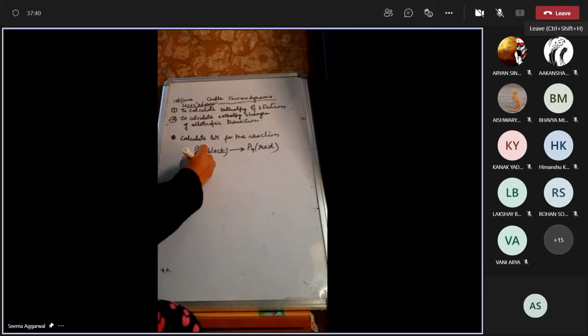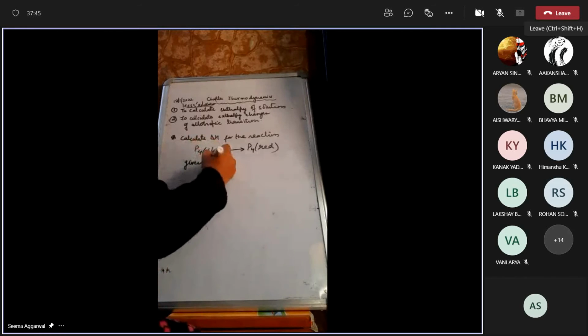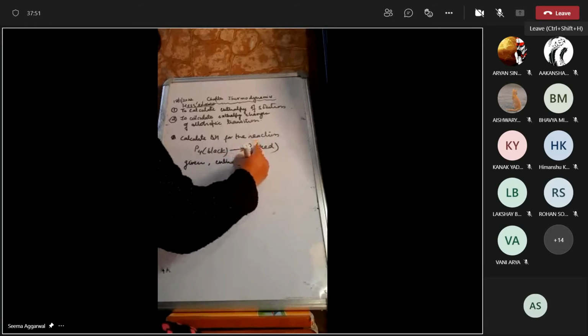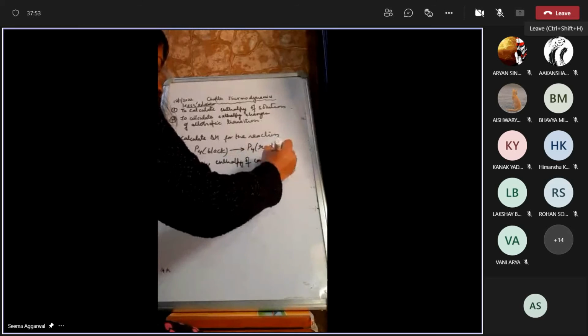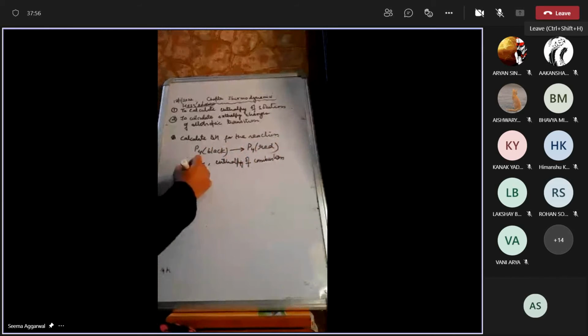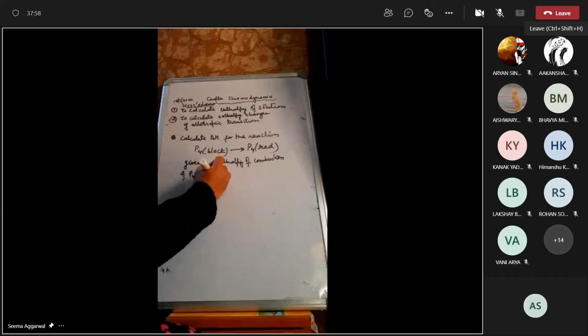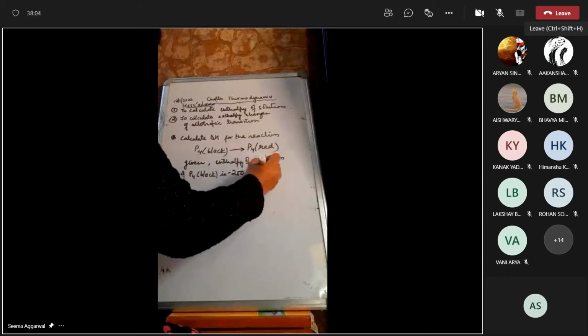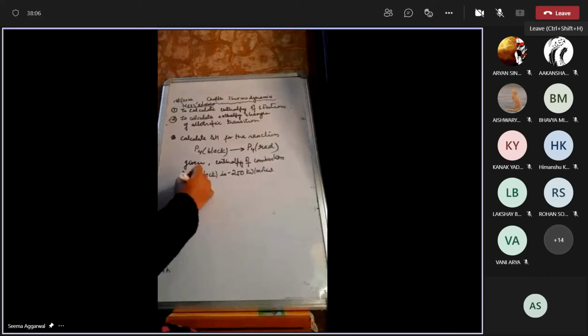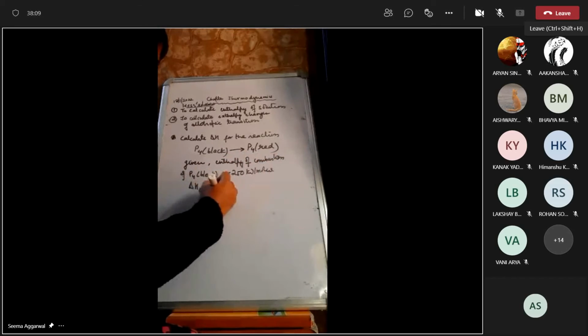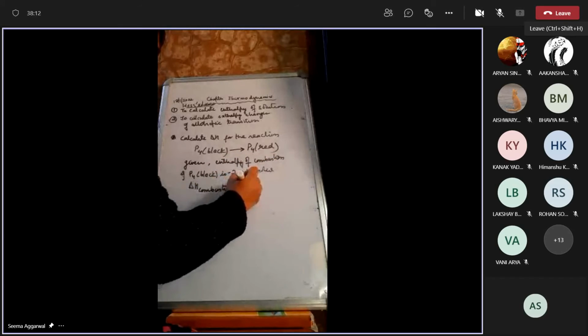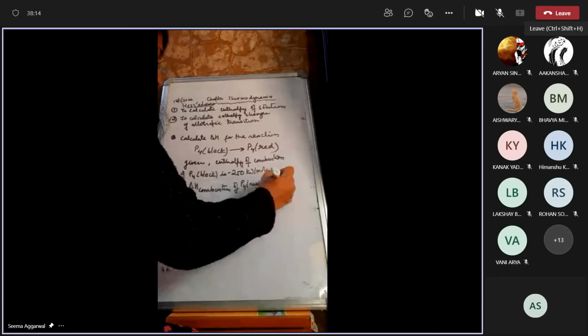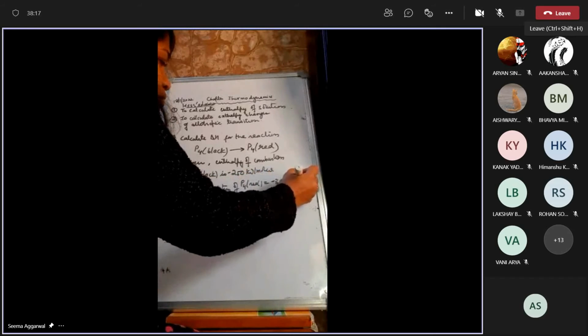Given, now all the data I am giving is hypothetical data. This is not the actual data. Given the enthalpy of combustion of phosphorus black is minus 250 kilojoules per mole, and delta H combustion of phosphorus red is minus 300 kilojoules per mole.